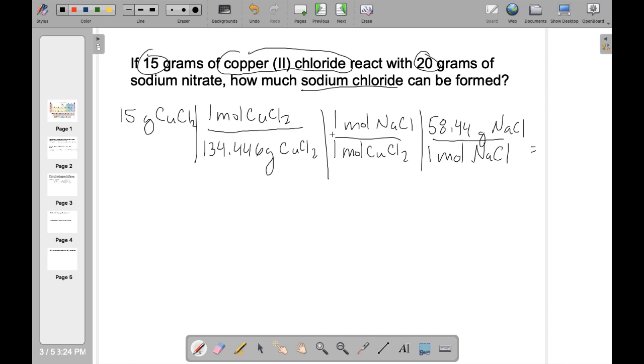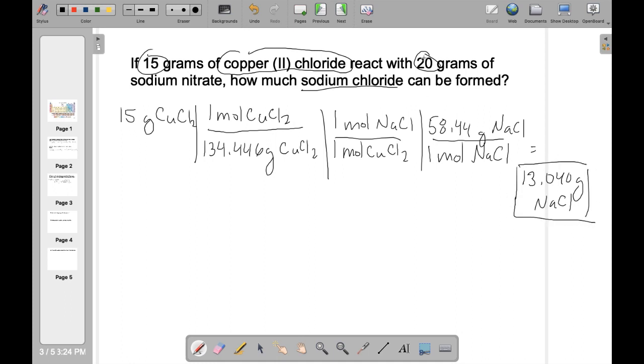I'll just skip that since it's 1 to 1, times 58.44. And I'm going to end up with around 13.040 grams of sodium chloride. Now keep in mind, this isn't my answer. If I use 15 grams of copper chloride, I will produce 13 grams of sodium chloride.